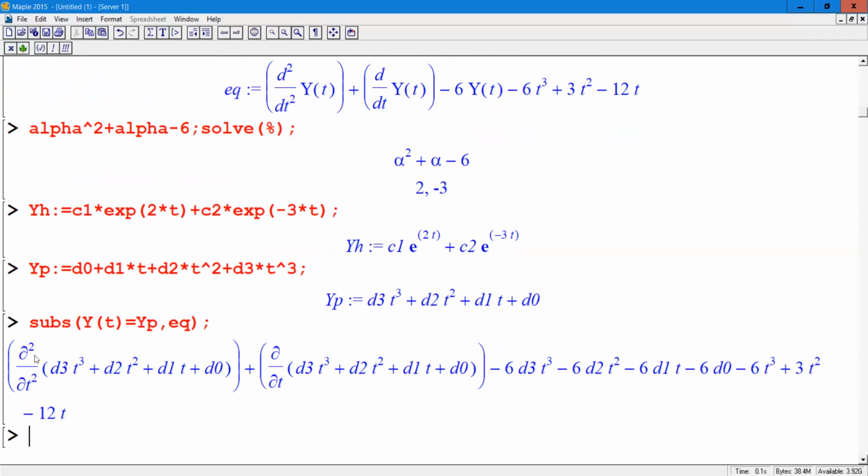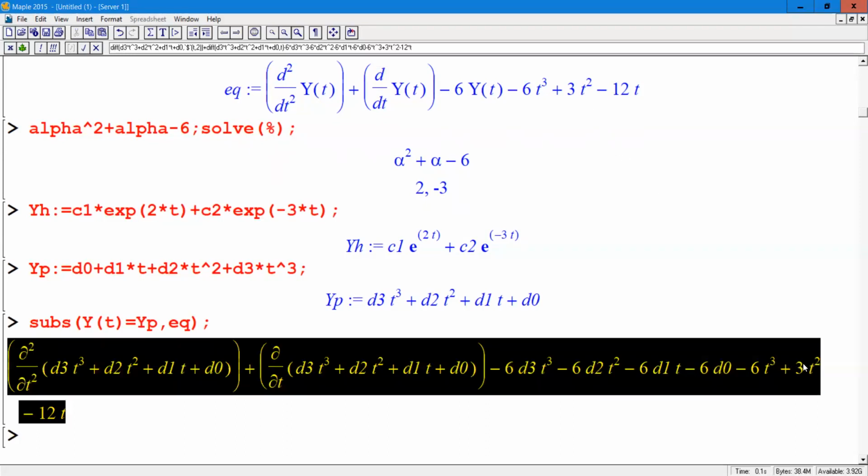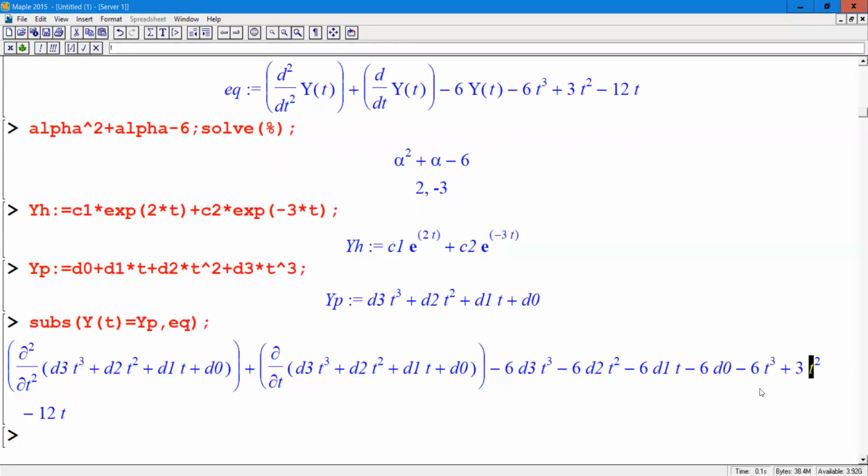So it's the second derivative of yp, which is this term, plus the first derivative, minus 6 times yp, and minus 6t cubed here, plus 3 times t squared and minus 12t.